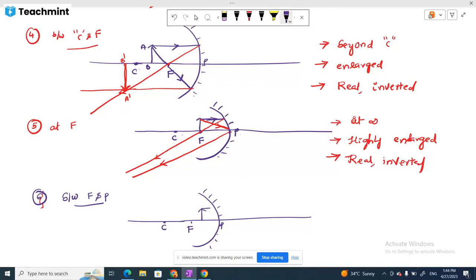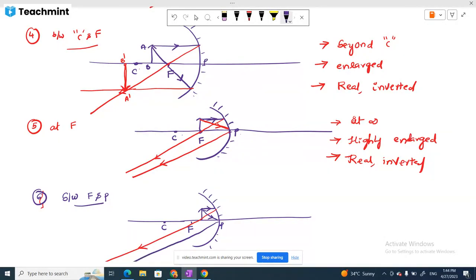Again take the two rays. One is parallel to the principal axis. After reflection, it passes through the focus. Next, one more ray I can take, which strikes the pole. After reflection it is symmetrically reflected back.